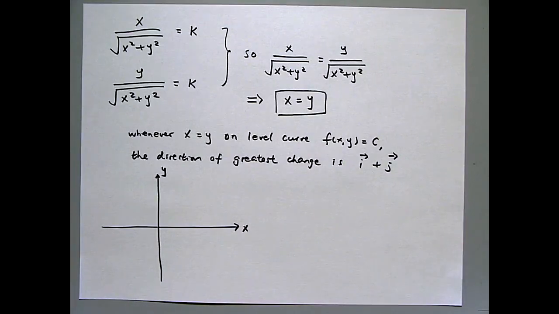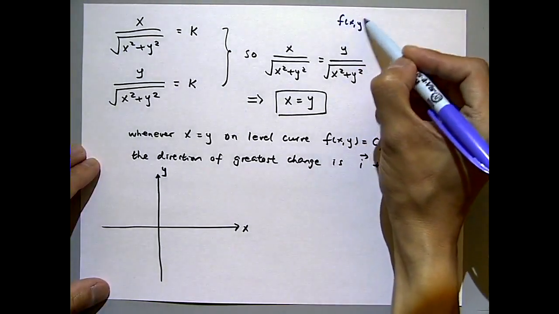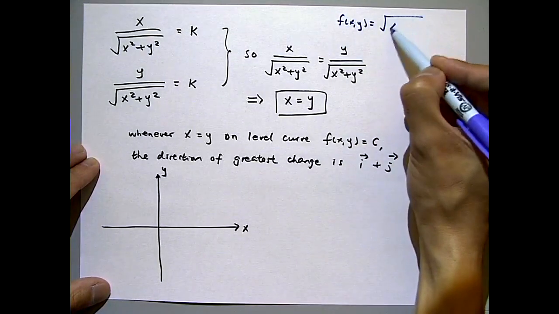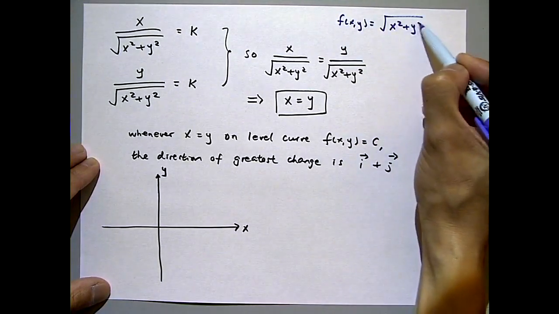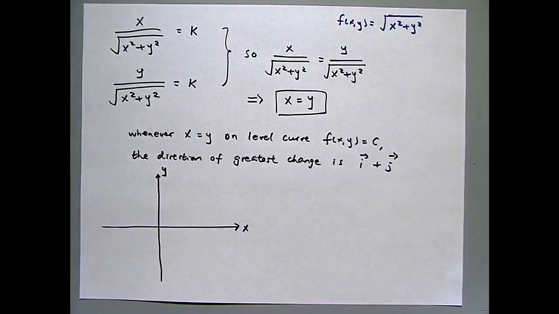What is the shape of the level curves? Not the whole surface, but each individual level curve. What do I get? Shape. What do we get for these level curves? Each one is a what?